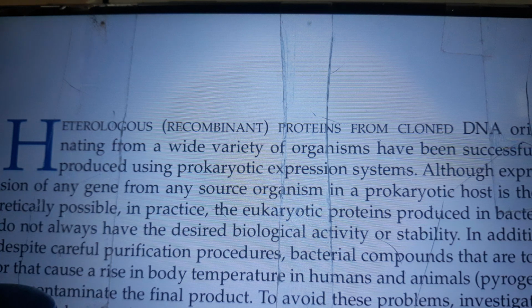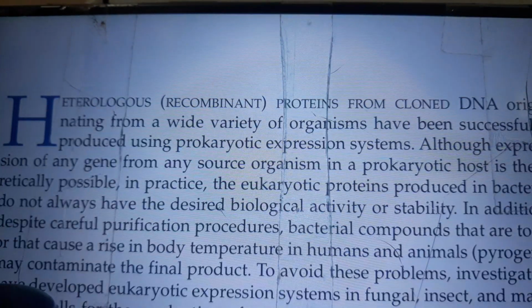For the first part, post-translational modification of eukaryotic proteins, an intro to that: heterologous recombinant proteins from cloned DNA originating from a wide variety of organisms have been successfully produced using prokaryotic expression systems, although expression of any gene from any source organism in a prokaryotic host is theoretically possible.